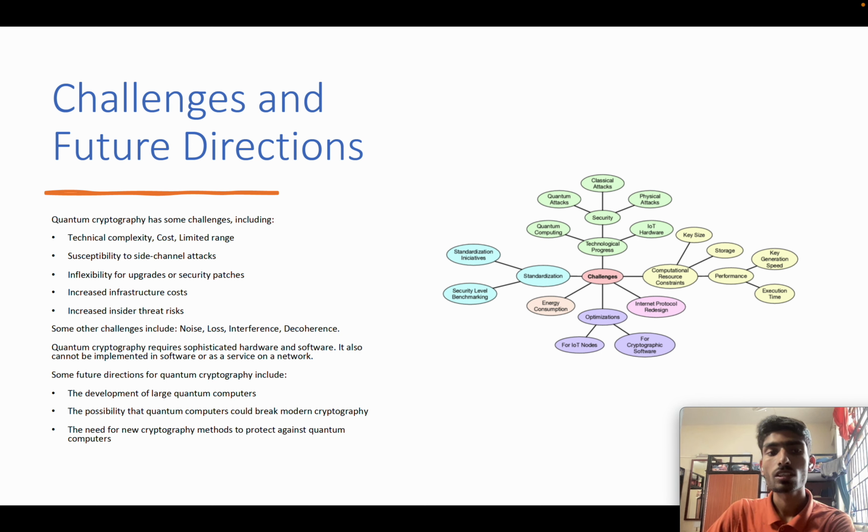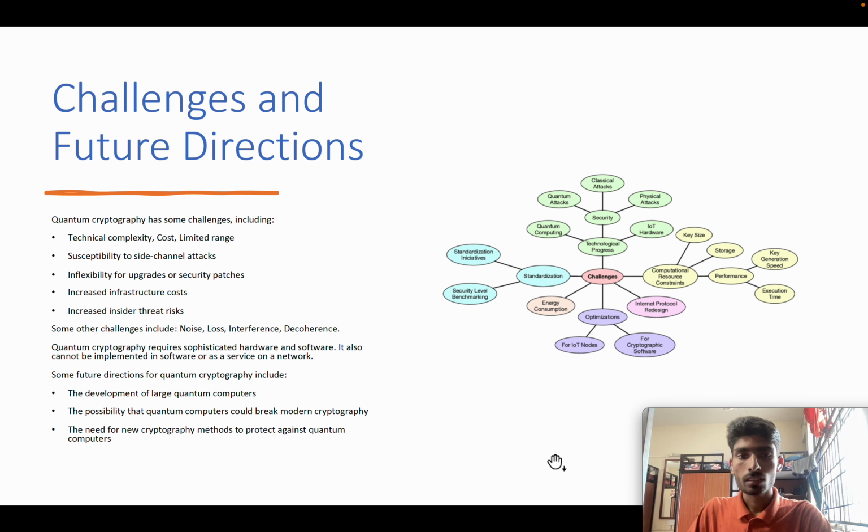Some future directions of quantum cryptography are the development of large quantum computers, so they can be more powerful and more secure, and the possibility that quantum computers could break modern cryptography, so we have to develop accordingly, with a need for new cryptography methods to protect against quantum computers.